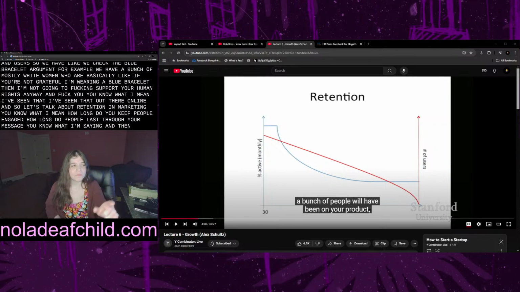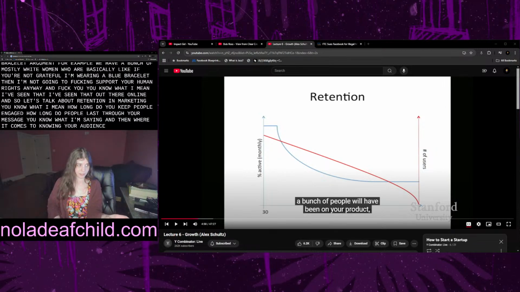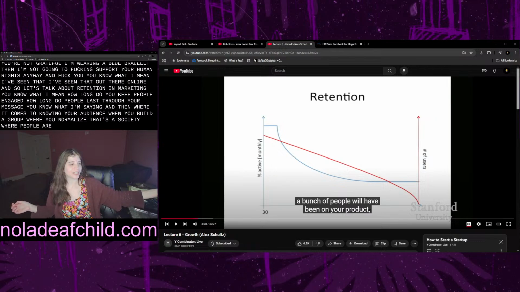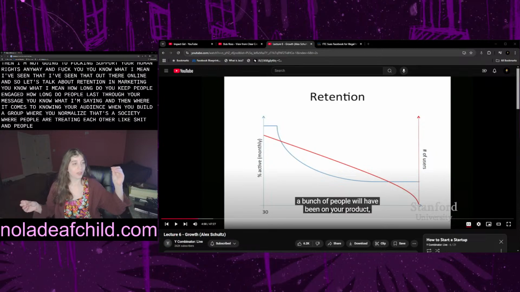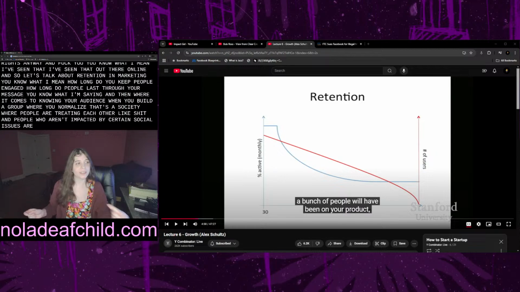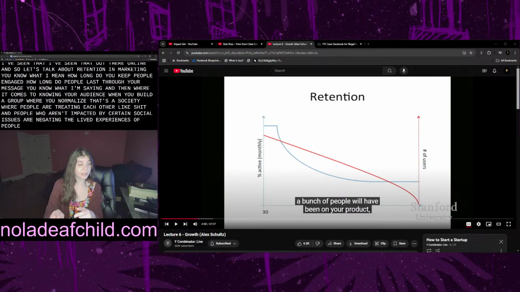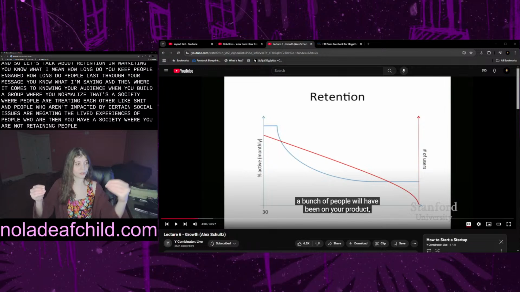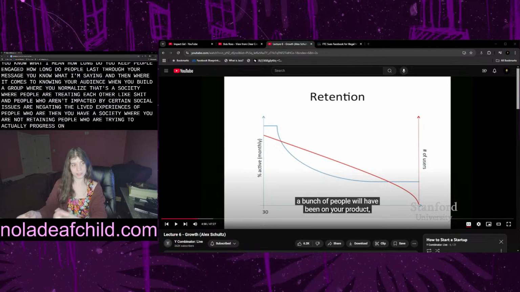And then where it comes to knowing your audience, when you build a group where you normalize a society where people are treating each other like shit, and people who aren't impacted by certain social issues are negating the lived experiences of people who are, then you have a society where you are not retaining people who are trying to actually progress on human rights issues.